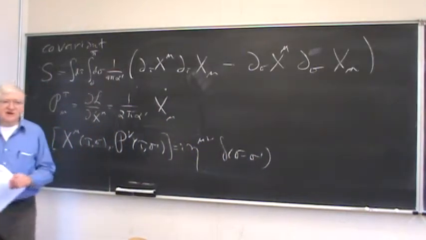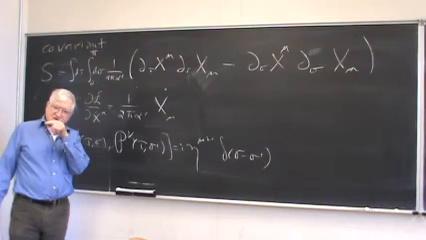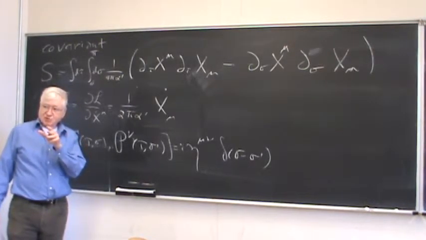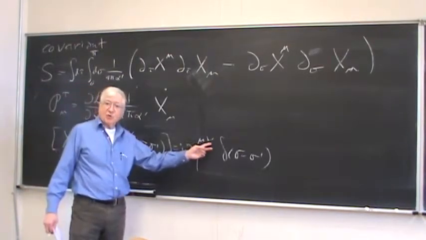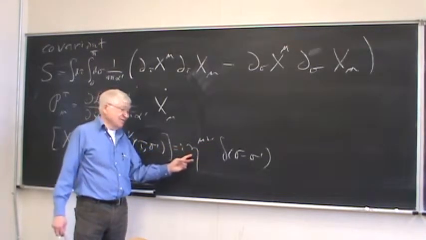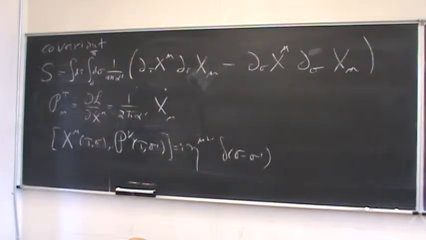These look very nice also, but the problem is that whereas in light cone gauge, I and J just went over the transverse spatial modes, so eta ij was +1, here we're going over mu and nu, all of the directions, including the time direction. So in the time direction, you get a minus sign here, and that introduces various conceptual problems.